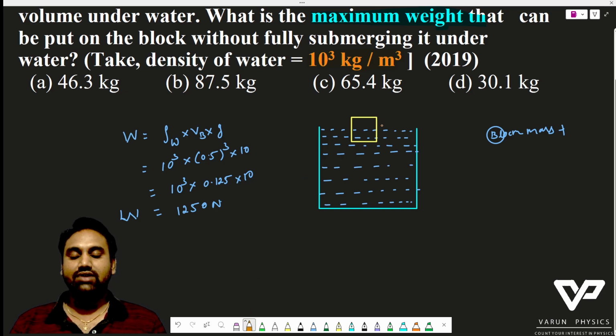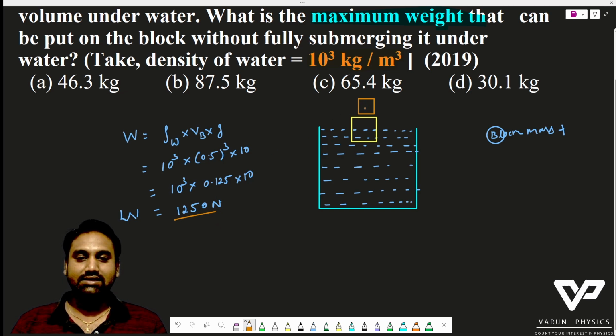So first we should identify the block's mass. We already know that the block plus the extra add-on we are putting together is giving 1250 Newton. Now I have to find the block's mass. If we get the block's mass, then definitely we'll get the extra mass we have put on the block.